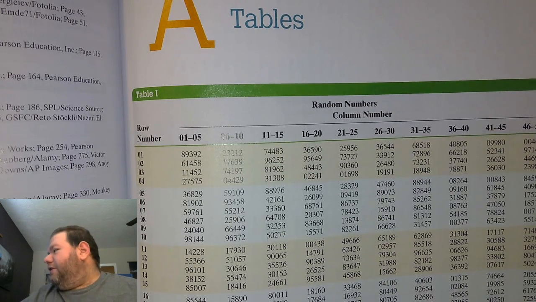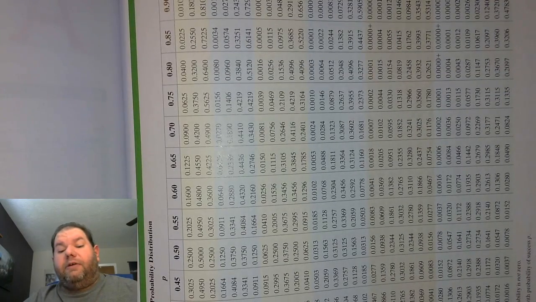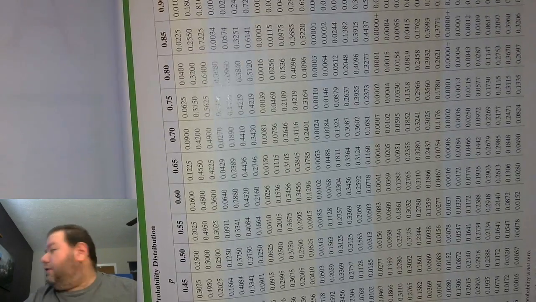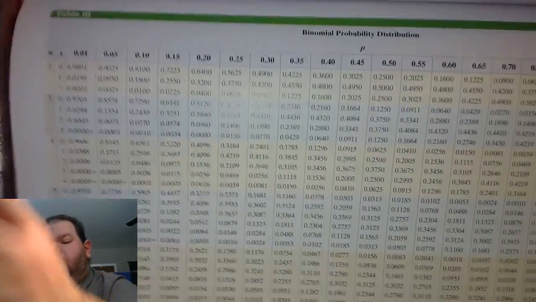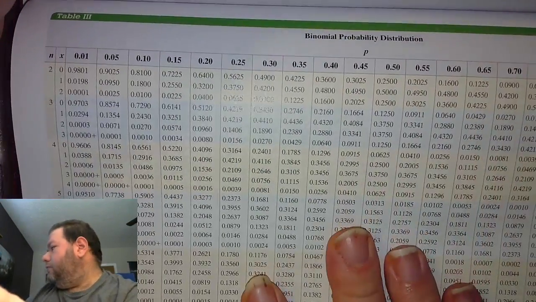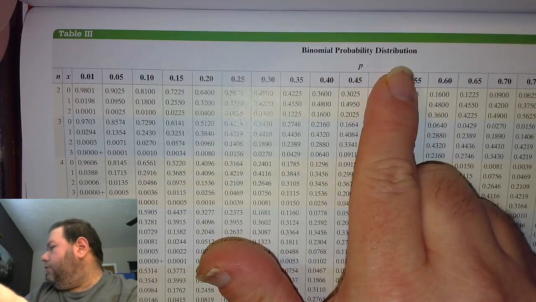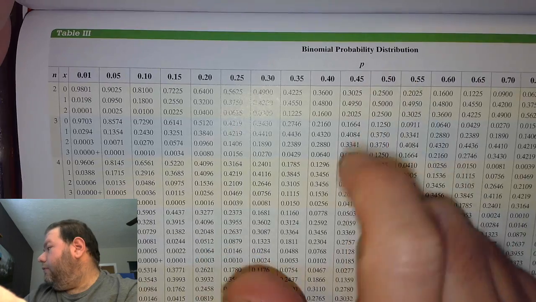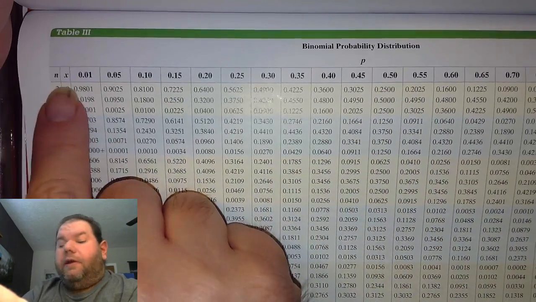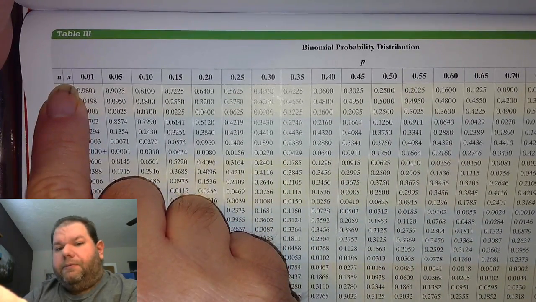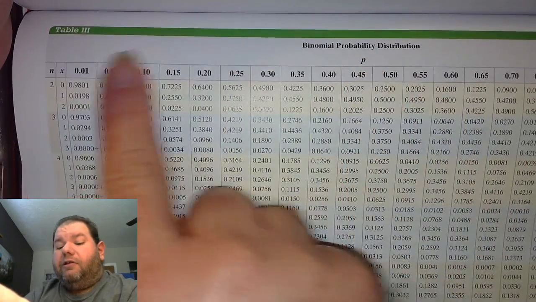So, anyway, if we go after that, we get to table 3, which is now sideways, of course. Table 3, this is our binomial probability distribution. And it has n and x in the first 2 columns here, and then p going across the top.